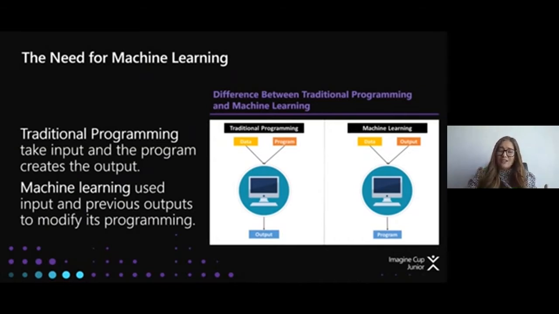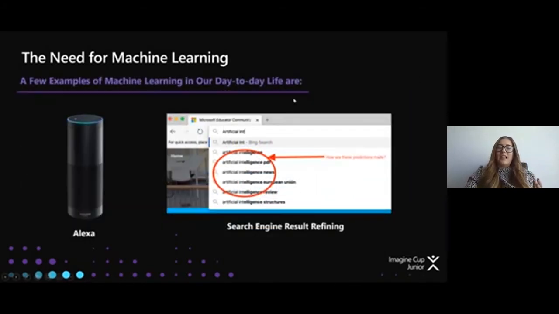Traditionally with programming, we would input data into a program and it would give us an output, okay? But with machine learning, it takes data and previous output, so previous experience, and then it gives us an output. And we use machine learning every single day.